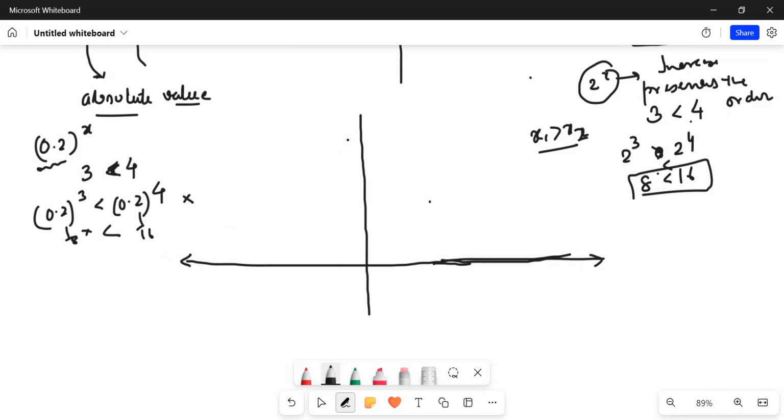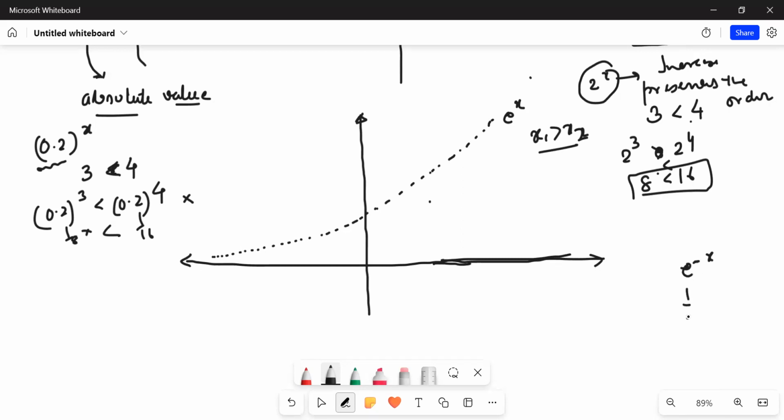Okay, so you see, now I have to plot the graph of e to the power x. So how would e to the power x be plotted? I'll make it in a dotted sense. So this is how your graph would be of e to the power x. Okay, and how do you plot a graph of e to the power minus x? What is e to the power minus x?